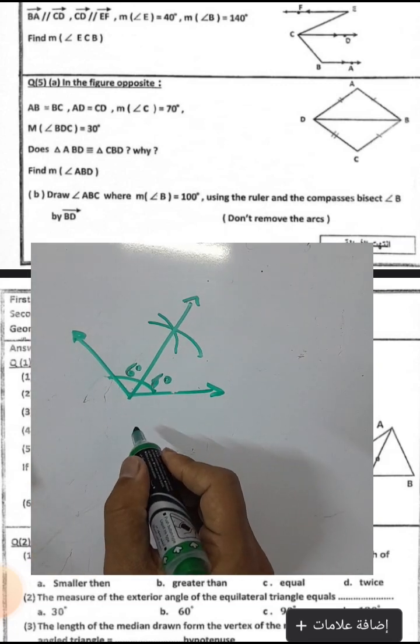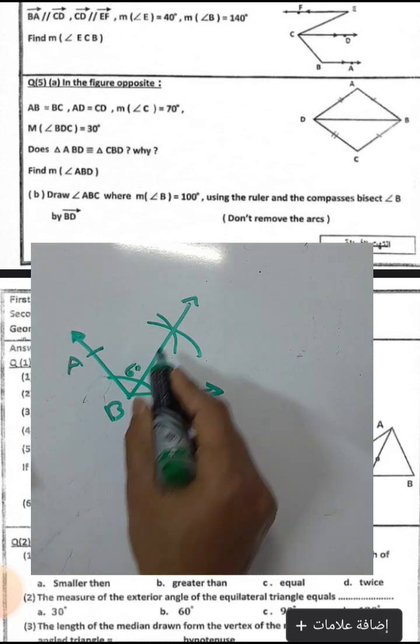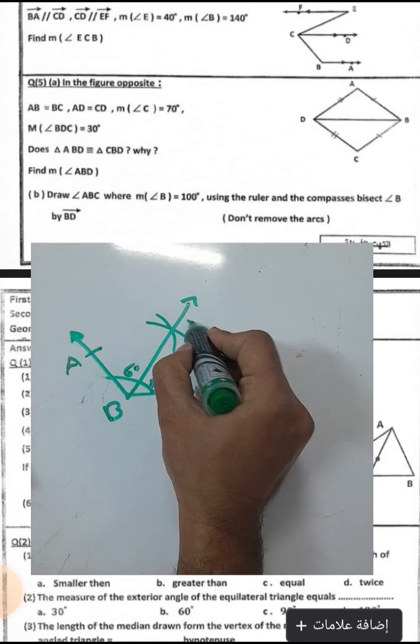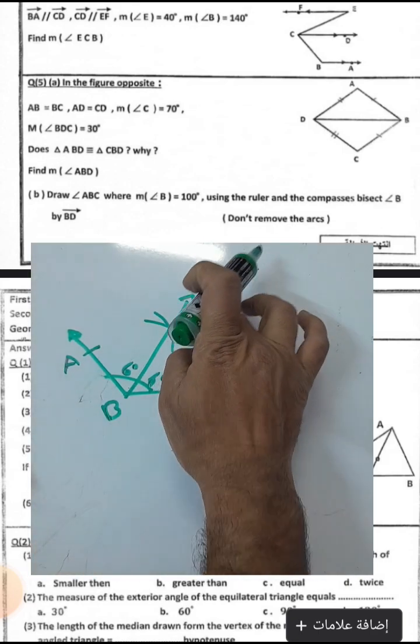This angle is ABC, and the bisector of it will be BD. Okay, it's the last question. Okay.